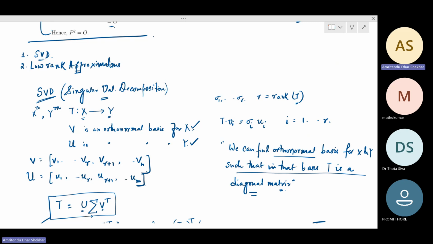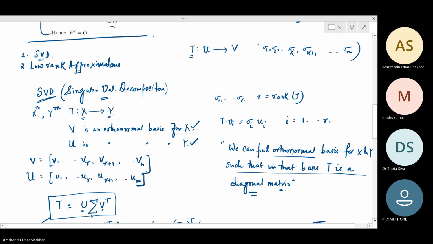If you have a linear map from some space to another space, let's say you can compute the singular values of T. Let's say the singular values of T are sigma 1, sigma 2, up to sigma k, then sigma k plus 1 up to sigma n.